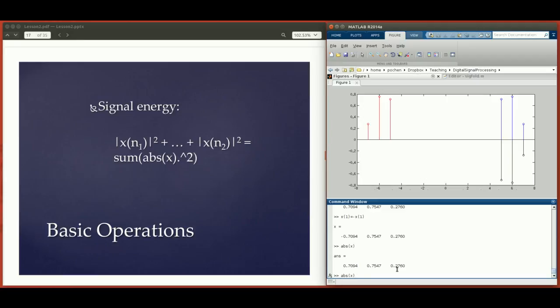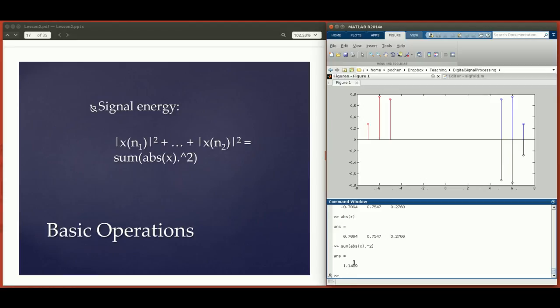And if I want to take a component-wise square, I do a dot hat square. That's for applying the power to every element of the input signal, and the input signal is the absolute value of x, right? And then you can do a sum. So that's going to be the energy of the x signal.